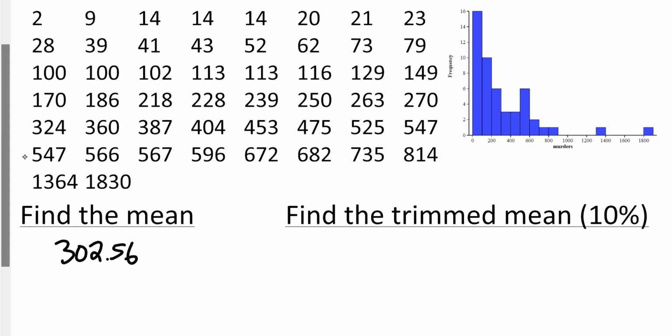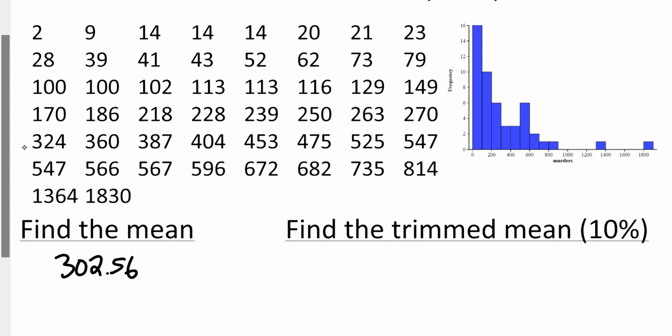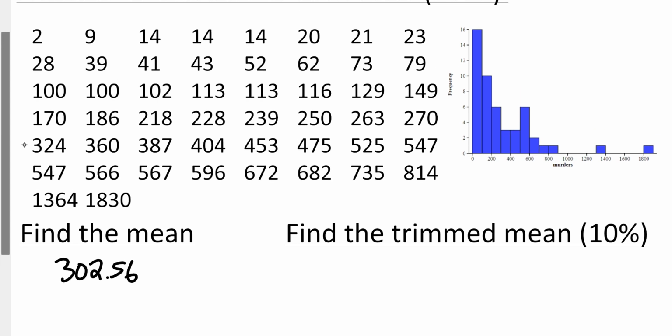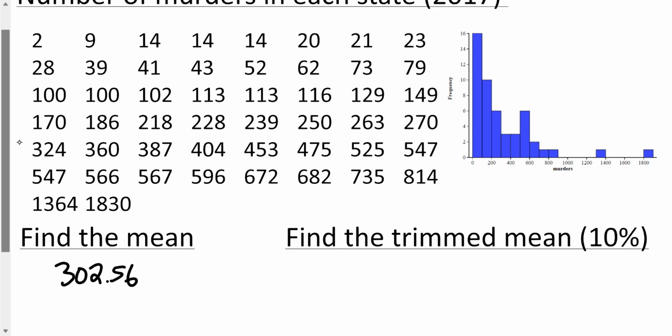But if we were to take off the top and bottom 10%, to cut off some of those highest and lowest values. If I know there's 50 states, 10% of that is 5.